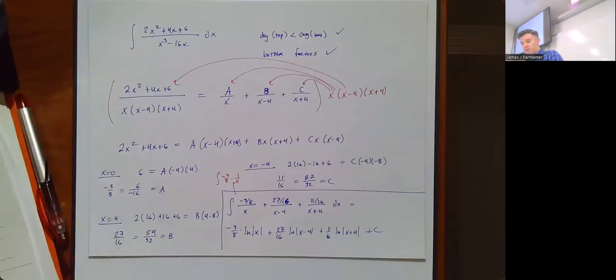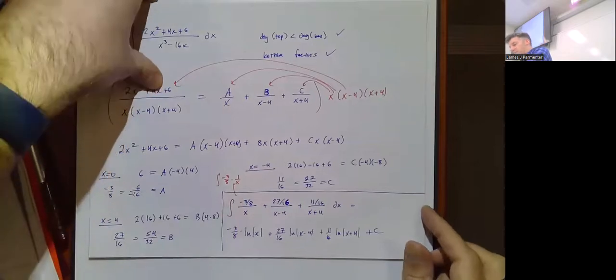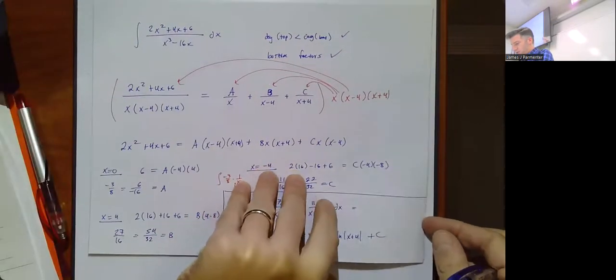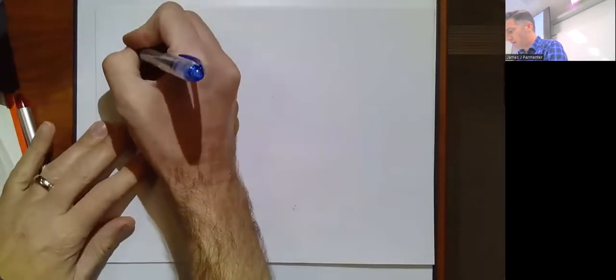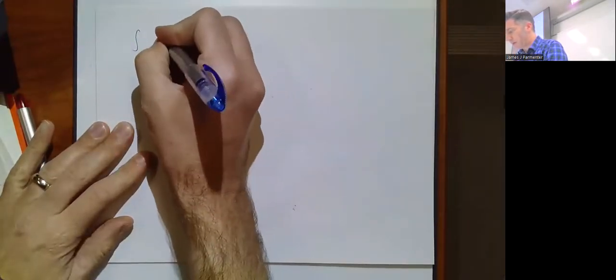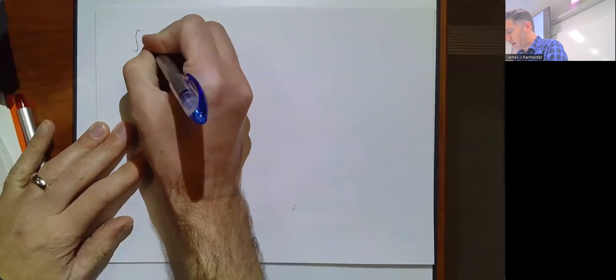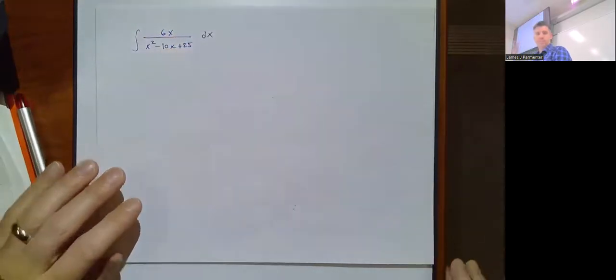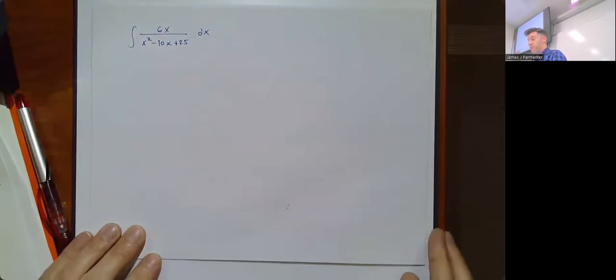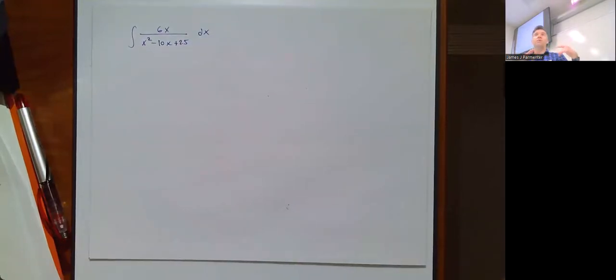Okay, let's look at one that's similar to problem 6 because I want to point something out. Let's say we want to do the integral of 6x over x squared minus 10x plus 25. Again, I think about u sub for a second.